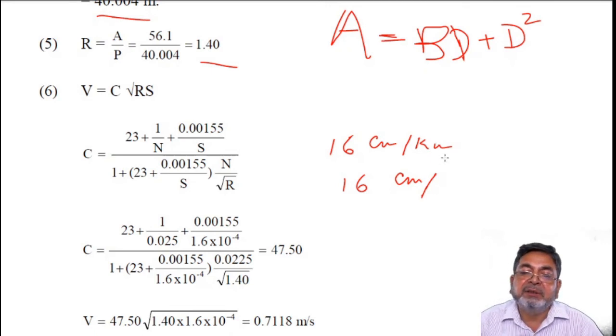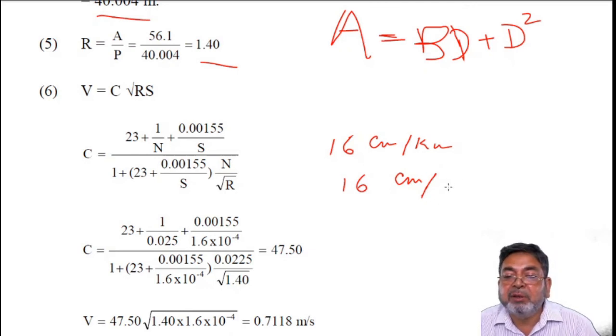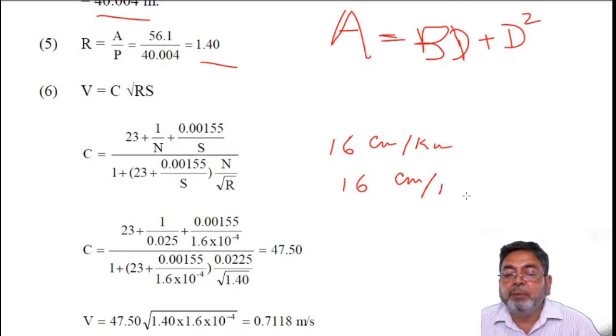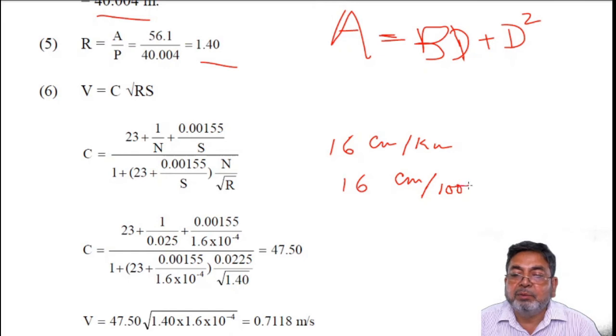How many centimeters are there in 1 kilometer? It will be 10 to the power, and you see, for converting kilometer into meter, you will have 1000, and then 2 more zeros. So how many zeros are there? 5 zeros.